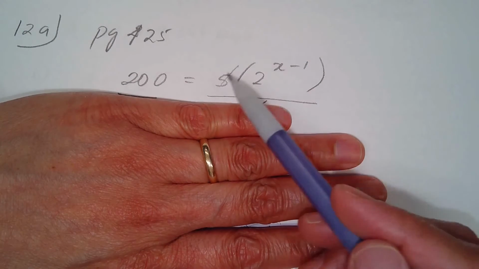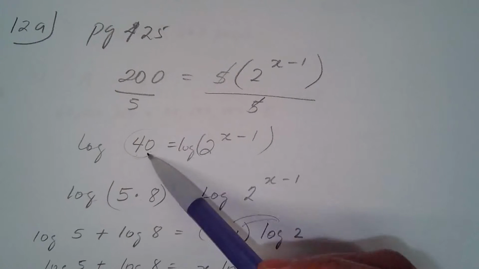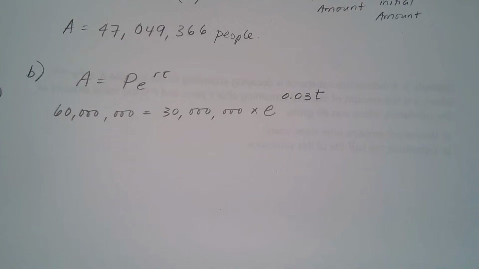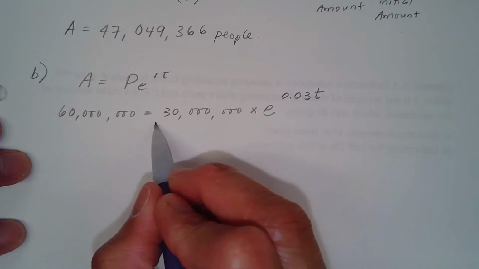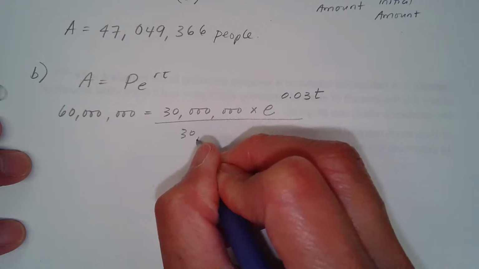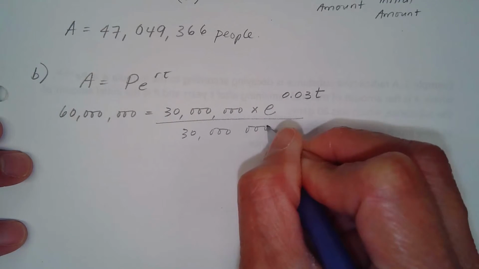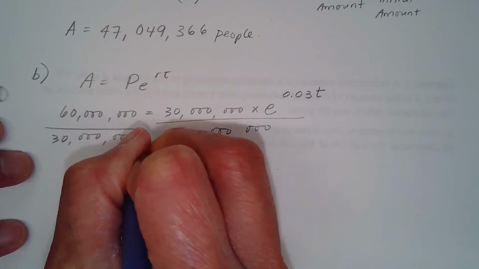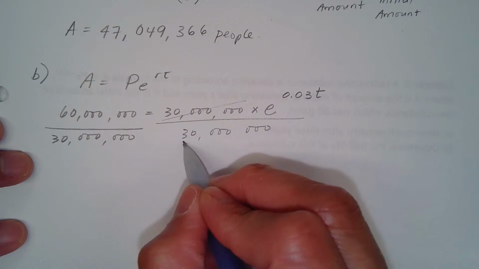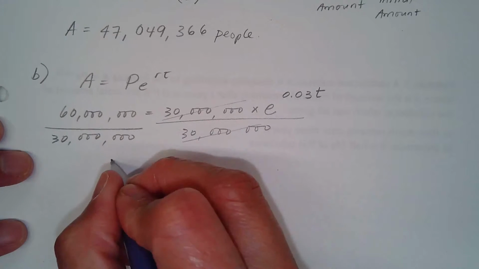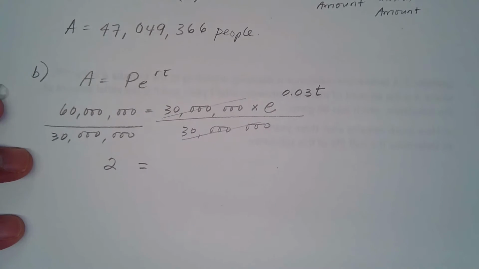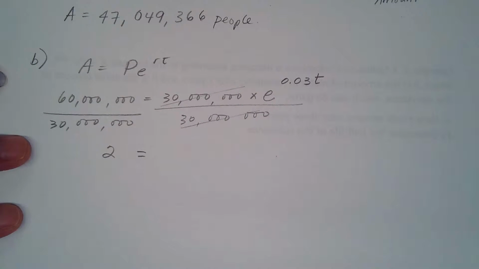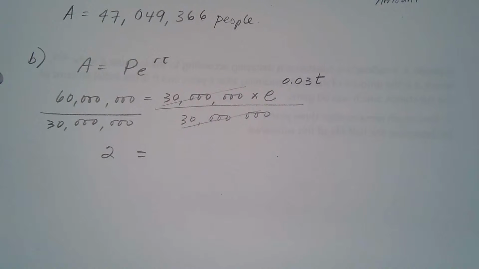We were able to divide by 5 to make it smaller. We're going to do the same thing. If we divide by 30 million, this is gone, this is gone, and this is just 2. So we don't have to worry about carrying all of these millions.